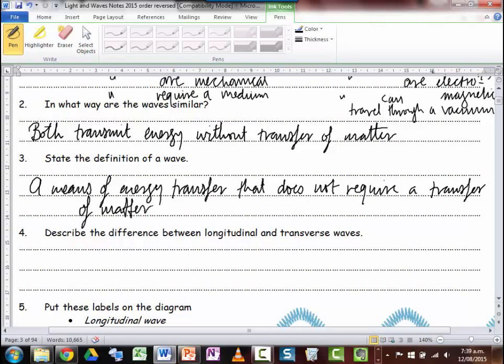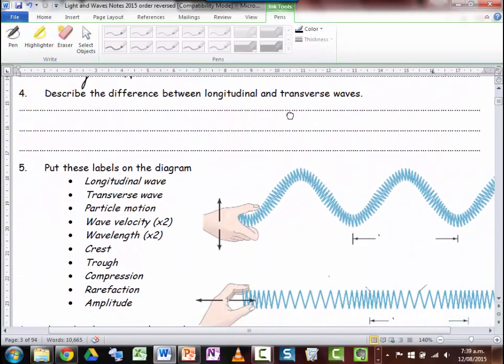Describe the difference between longitudinal and transverse waves. Okay.